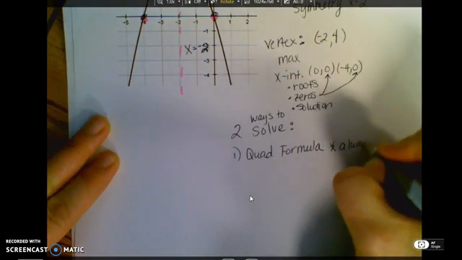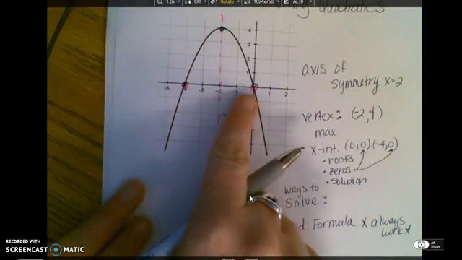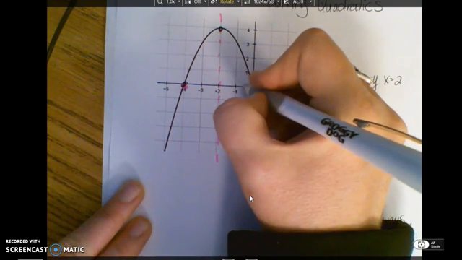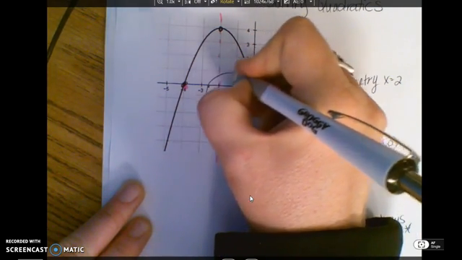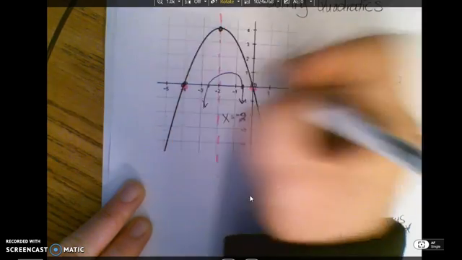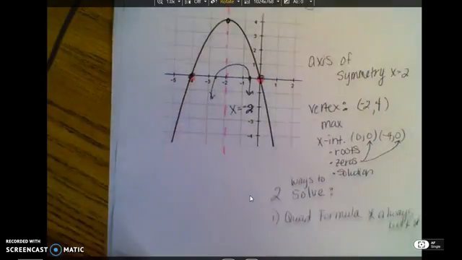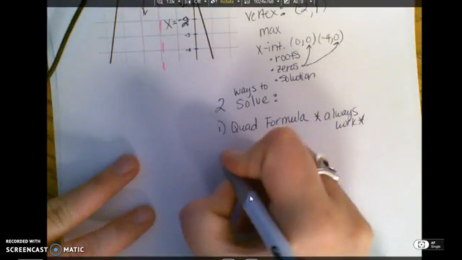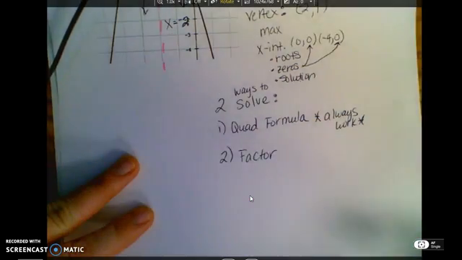It always works, whether my x-intercepts are whole numbers or if they come in between and I don't know what my intercepts might be. The quadratic formula will get you solutions whether it's whole numbers or decimals. The second method, which does not always work, is to factor, and we will work on that in the next video.